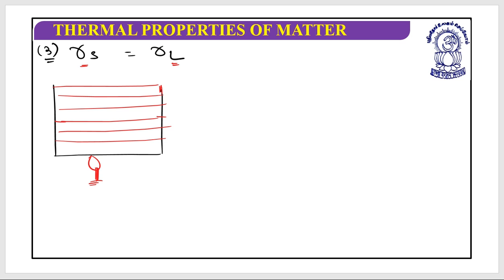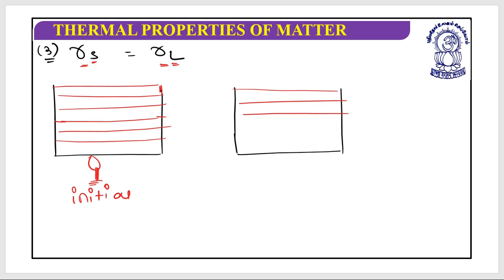In the final situation, if the container has increased by a certain amount, the liquid will also increase by the same amount. If both are increased by the same amount, the situation would be something like this. Look at this, it will appear like this only.